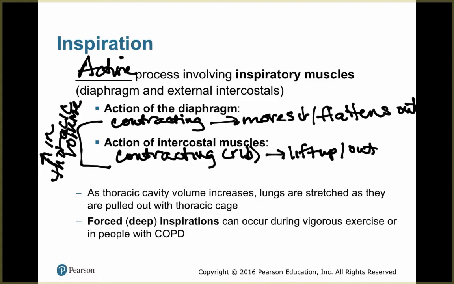So as this thoracic volume increases, the lungs are stretched, right? And so they're pulled with the thoracic cage. The diaphragm opens up areas down at the bottom, so that essentially you are getting more room.